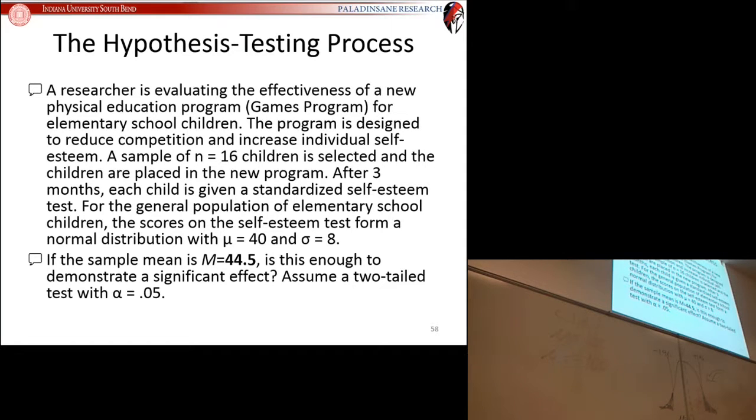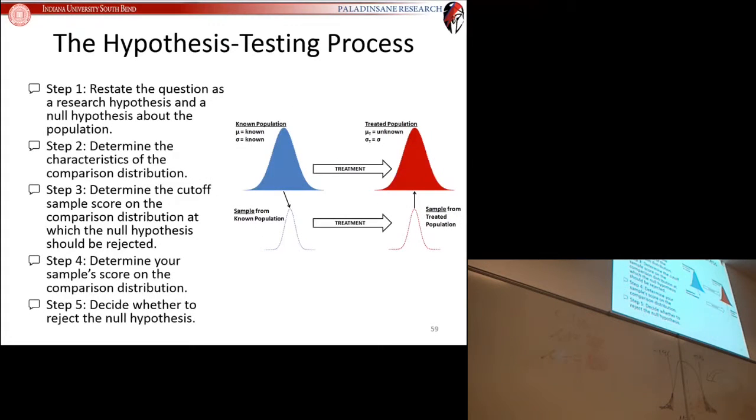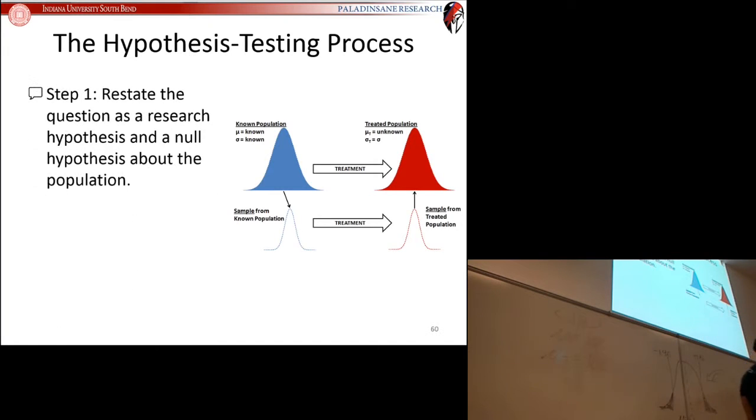So let's redo this procedure, this time with the correct score, right? This time with the real score. The nice thing about this is that most of this procedure is not going to change, because most of it is going to stay exactly the same. So step number 1, restate the question as a research and a null hypothesis about a population. That doesn't change.